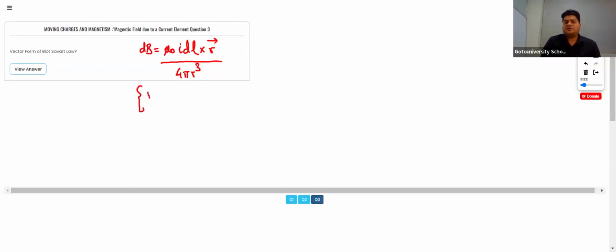If you check, unit vector r is equal to the vector upon the magnitude of the vector.